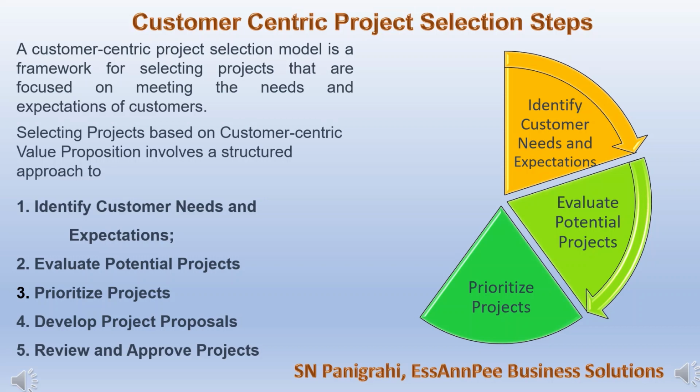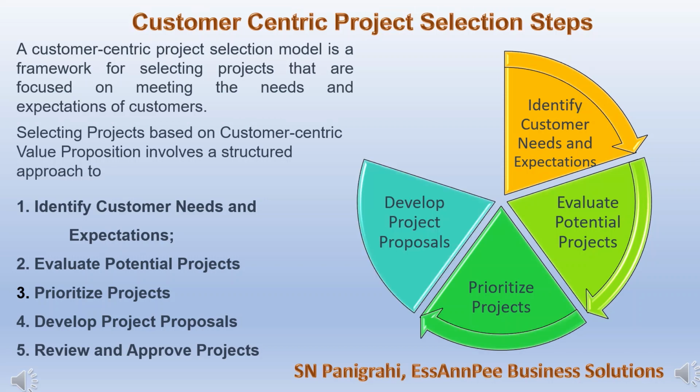Develop project proposals. Once projects are prioritized, project proposals should be developed for the highest priority projects. This involves creating a detailed plan for how the project will be executed, including the project scope, objectives, deliverables, resources, timeline, and metrics for success.